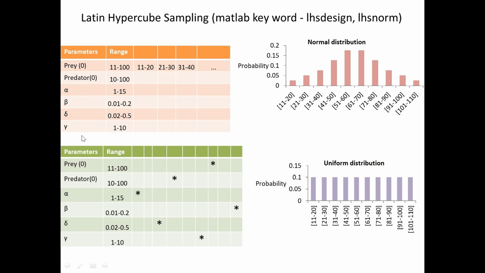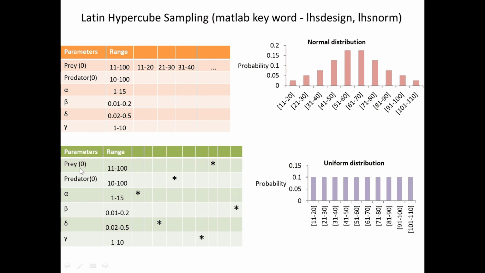Once we split into the ranges, we'll pick a value from each range with either the same probability, in which case we are using a uniform distribution, or we use a normal distribution where the central values have higher probability of being picked. So we do that picking for every parameter.